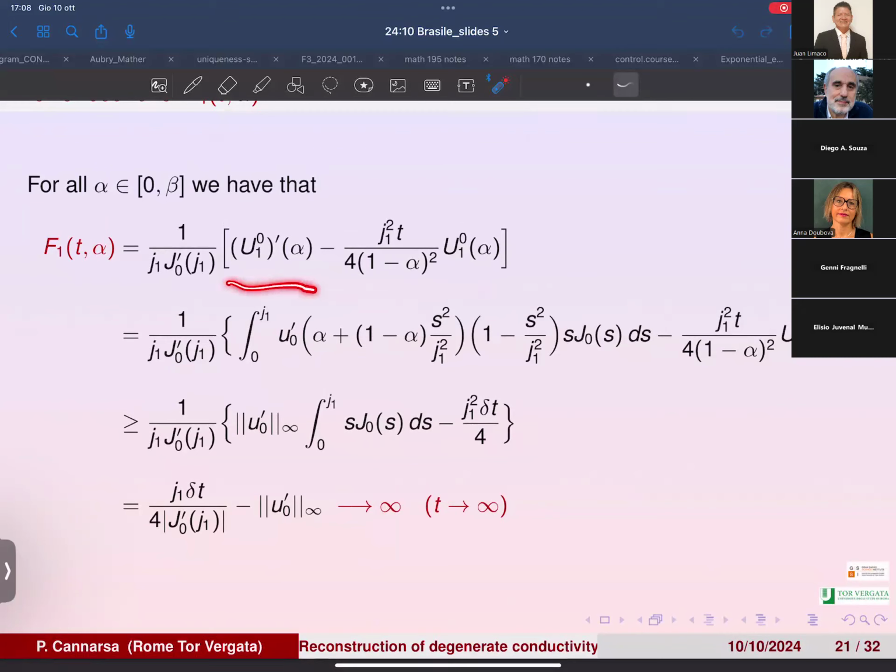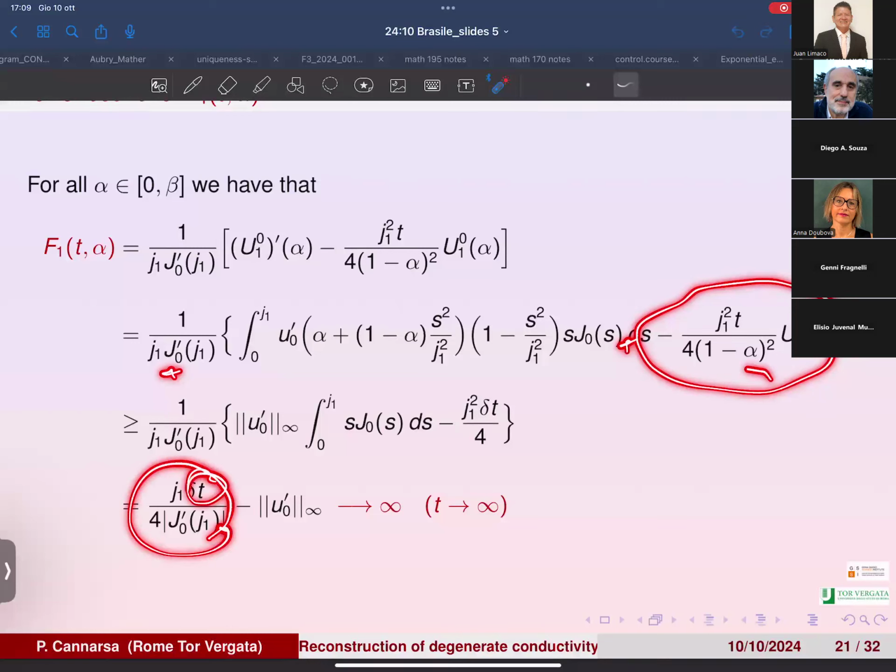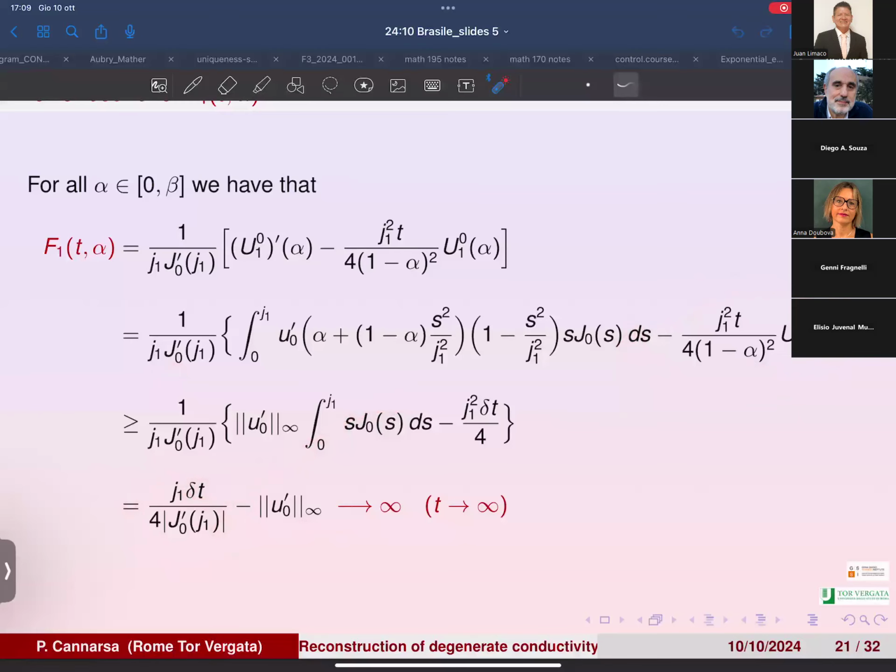You write explicitly what the first Fourier coefficient is and its derivative, and then you estimate, keeping in mind that this term is negative because it's the derivative of the Bessel function at this first zero, which is a negative value. And so eventually the dominant term turns out to be this, negative, this is a positive term. And since there is this t, this goes to plus infinity, as this goes to plus infinity.